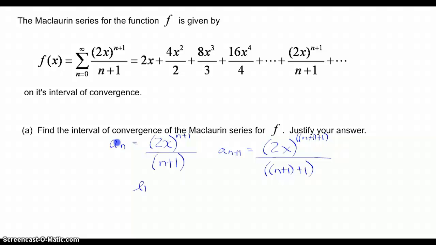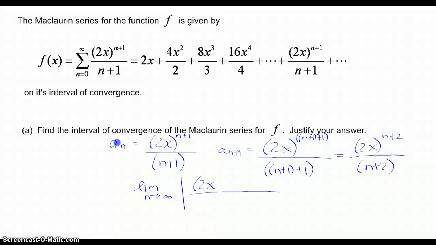And so we plug that into our limit to run our absolute ratio test. And this cleans up to 2x to the n plus 2 over n plus 2. So that's what we'll put in here.